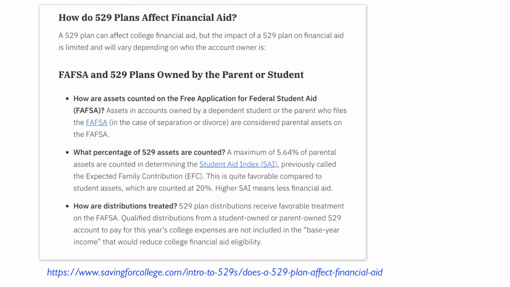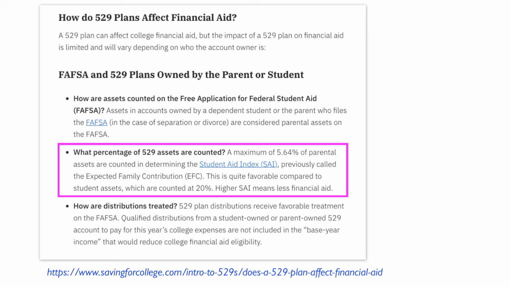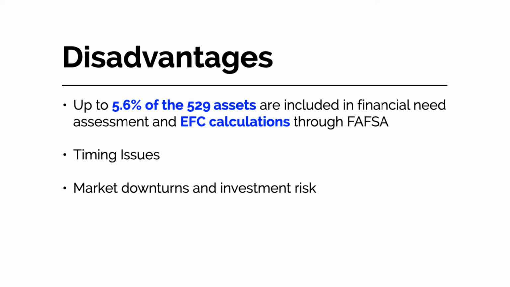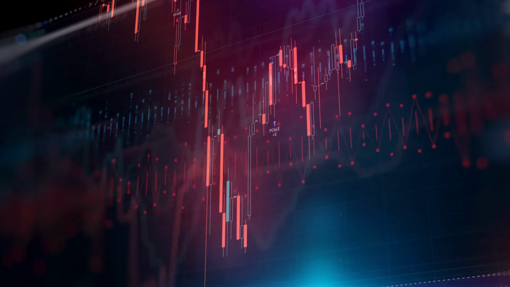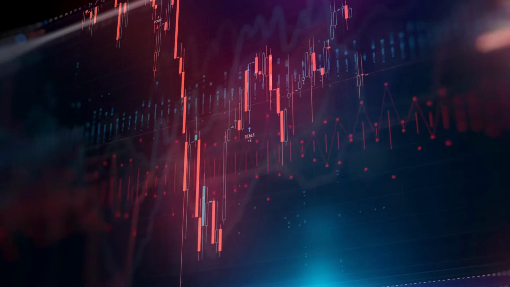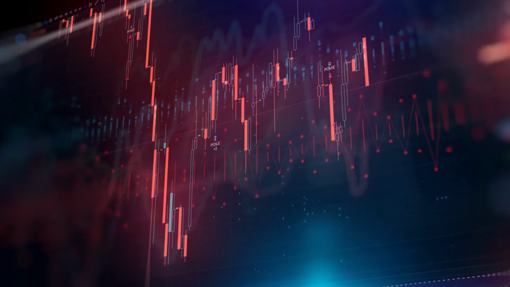These plans can influence your financial need assessment with a maximum rate of approximately 5.6% of the 529 assets, affecting the expected family contribution in federal financial aid calculations. Additionally, there are timing issues such as needing to take out money to pay for education when the market is down, as well as investing in more risky investments with the possibility of losing the savings, including the principal.